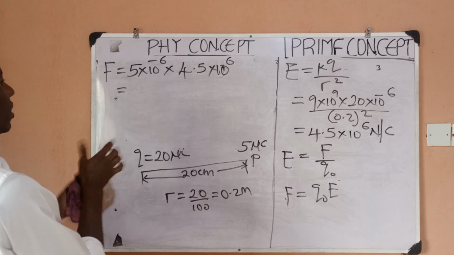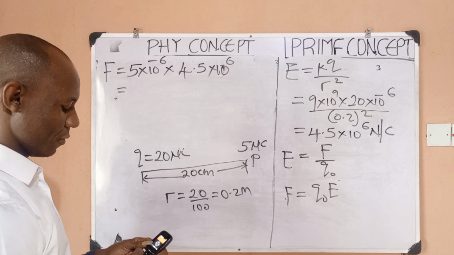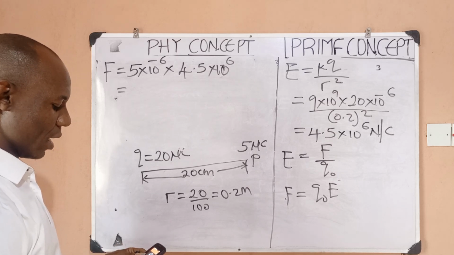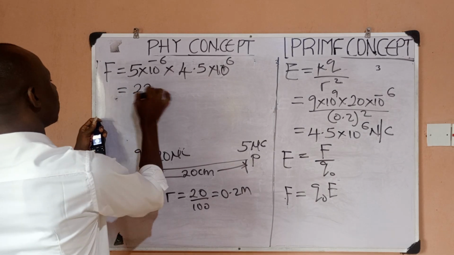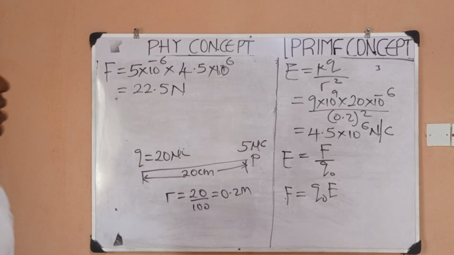If I punch this, this is going to give me 22.5 newtons, since the powers cancel. So this is my answer for that force.